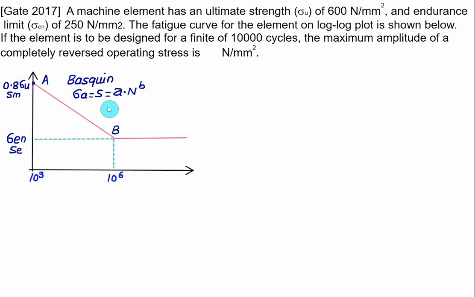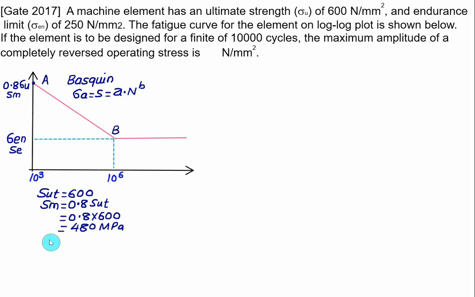So let's collect the data here. We have given the value of SUT equal to 600. Therefore we have material strength SM, which is equal to 0.8 of SUT, that is 0.8 times 600, equal to 480 megapascal.